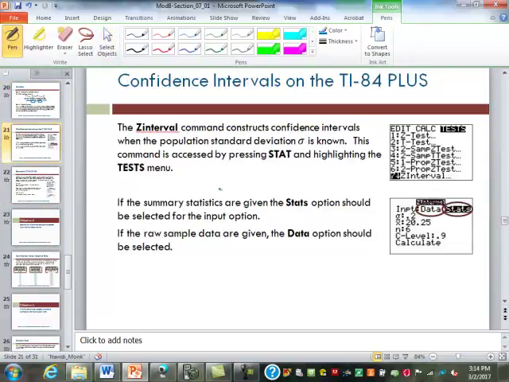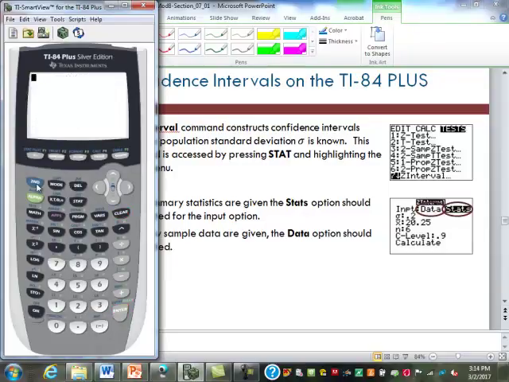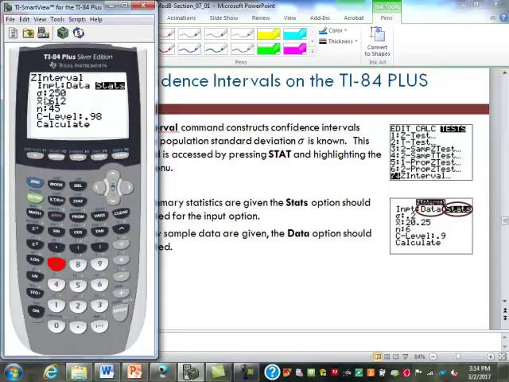So the z-interval command in the calculator, when we do that, there's 2 different possibilities. Hit stat and go to test. You see z-interval is option number 7 down there. So we select z-interval, and our input can either be data or stats.